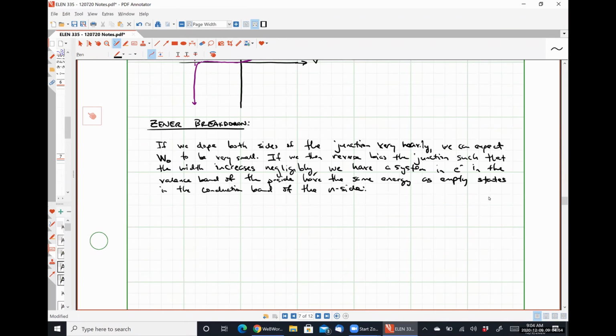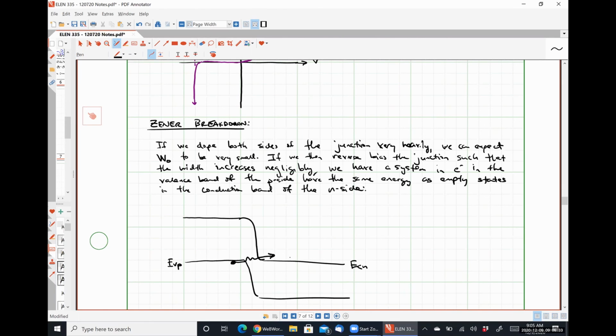Graphically, with a simple energy band structure, it would look something like this. So this is the energy band, valence on the p side, and this is the energy level associated with the conduction band on the n side.